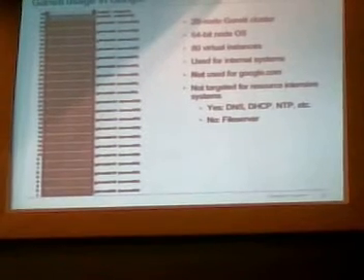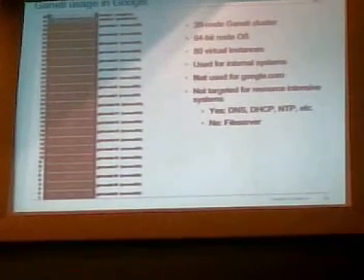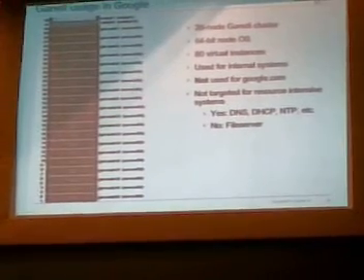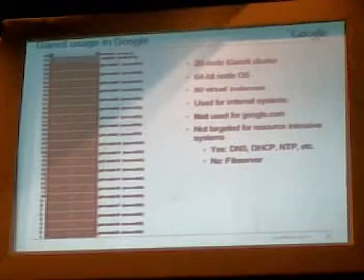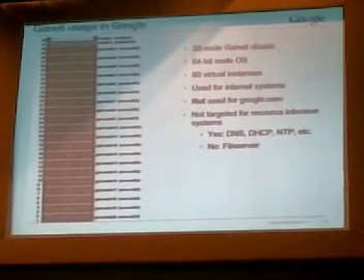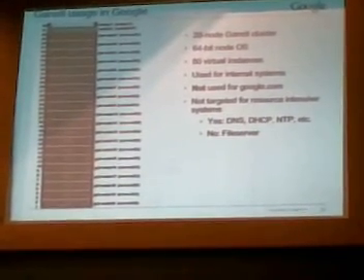It's only used for internal systems, so if you go to Google.com, you will not access something running on Ganeti. I just have to make that sure because most people assume the other way. And it's used and targeted for non-resource intensive systems like DNS, HTTP, NTP, or anything like that that doesn't use a lot of bandwidth on disks.